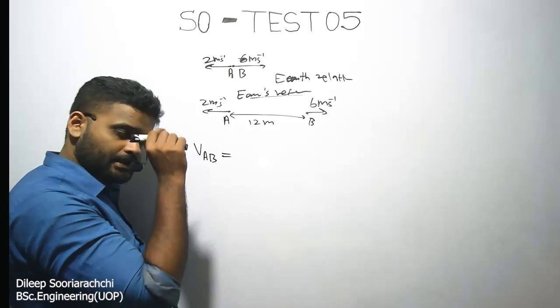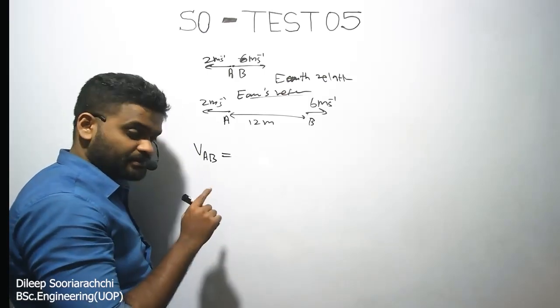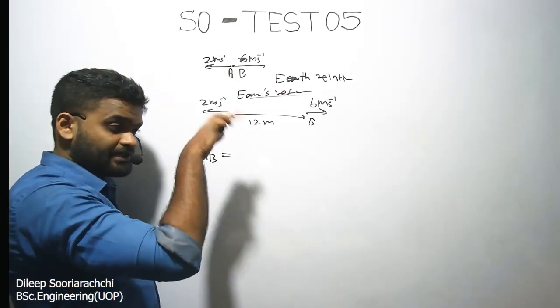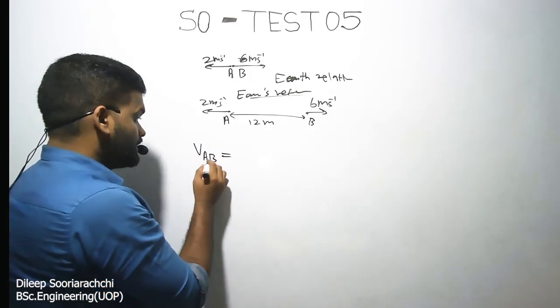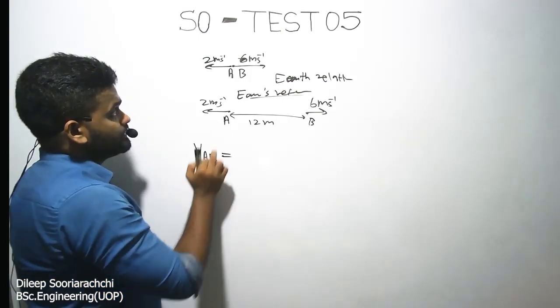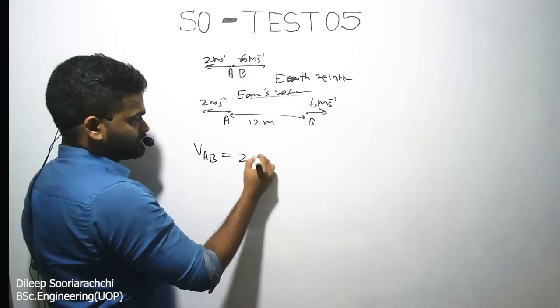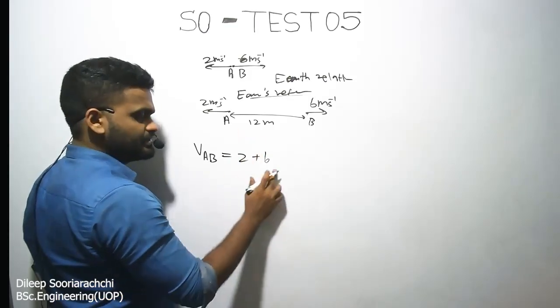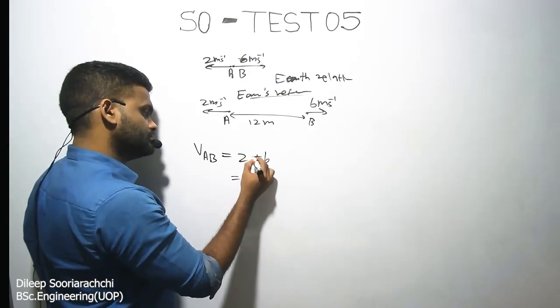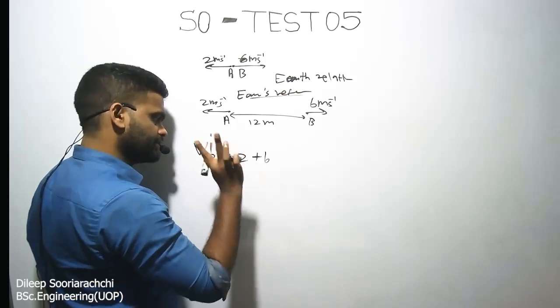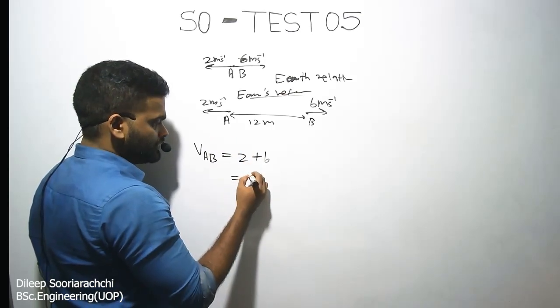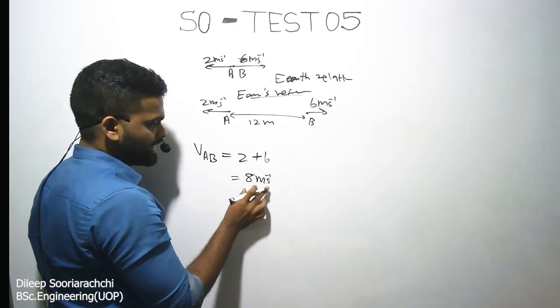Now you can just say that at once. You don't have to apply the large equation. That is the velocity between A and B. They move in opposite directions, so you just have to add these two. You don't have to prove this, right? Directly apply that. What is the relative velocity? 8 meters per second.